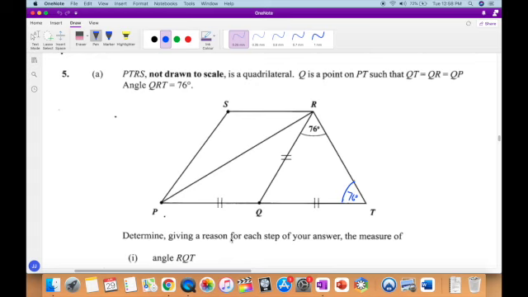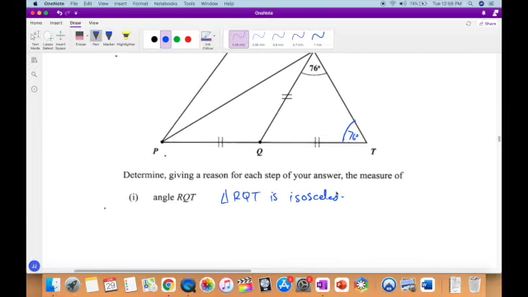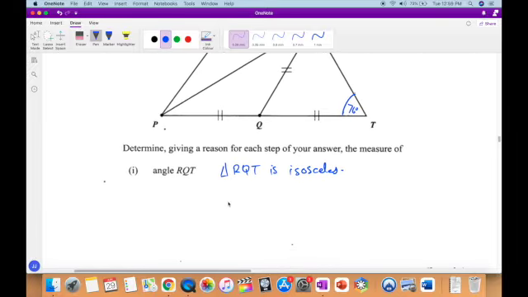So determine, giving reason for each step of your answer, the measure of the angle RQT. So RQT will be, well, we could say that triangle RQT is isosceles. So therefore, we could say that 180 minus 76 times 2 will give me that angle there.